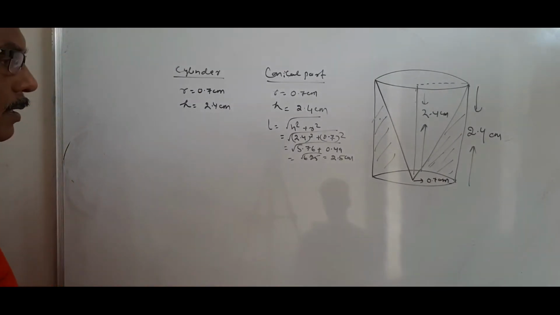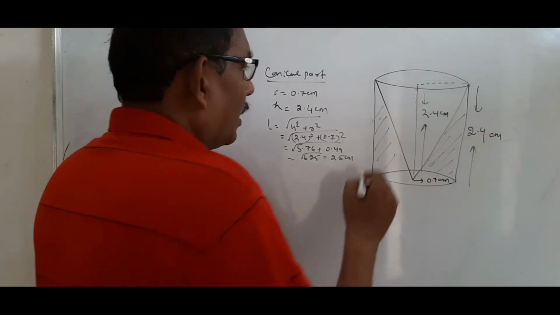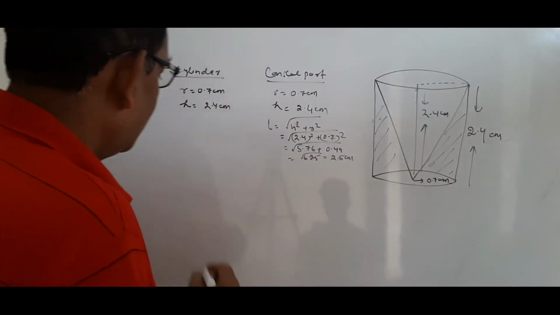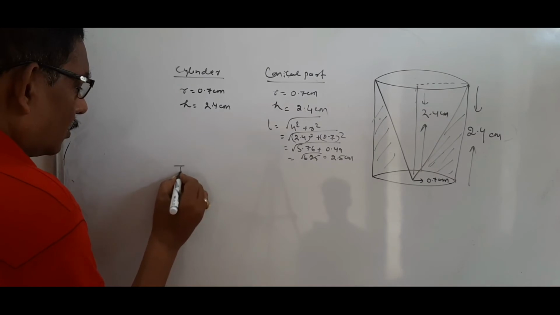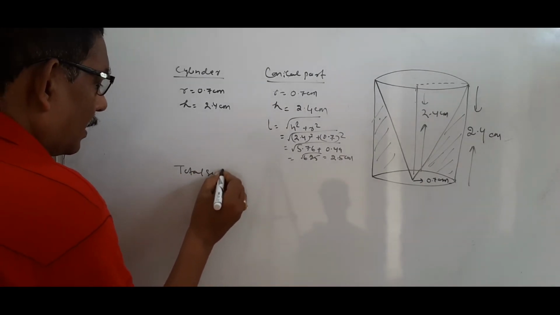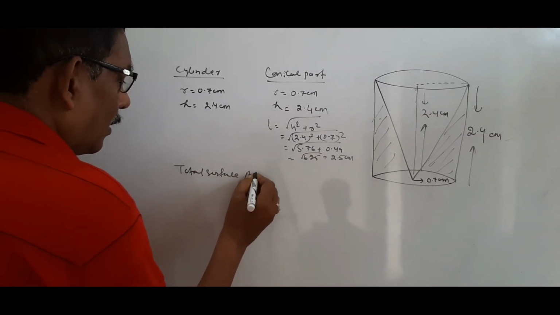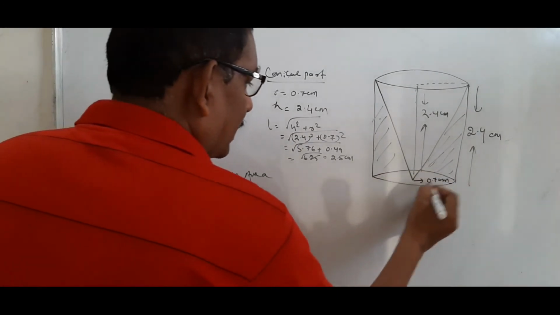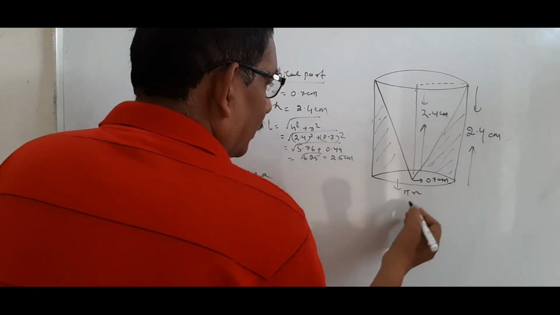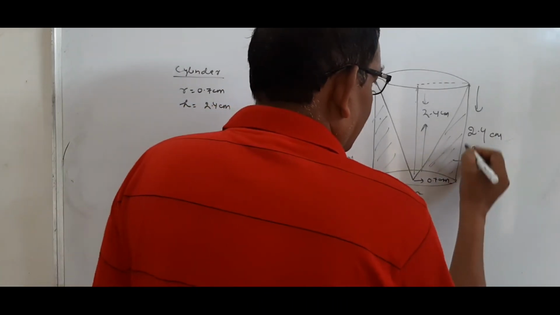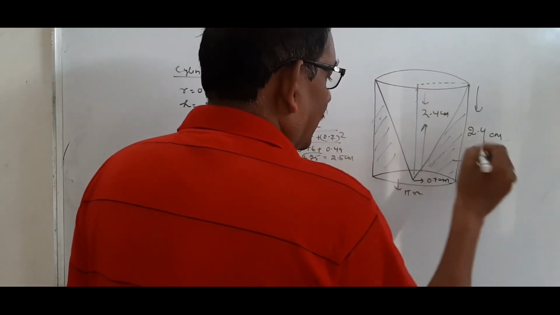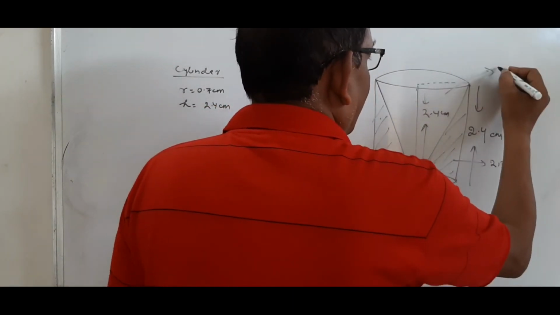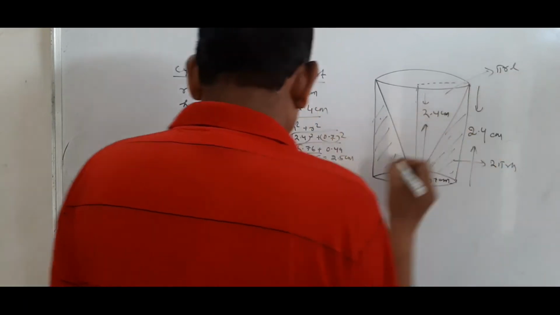To calculate the total surface area after hollowing out in a V shape, total surface area is equal to the base area, pi r square, plus the curved surface area of the cylindrical part, 2 pi r h, plus the conical part, pi r l.